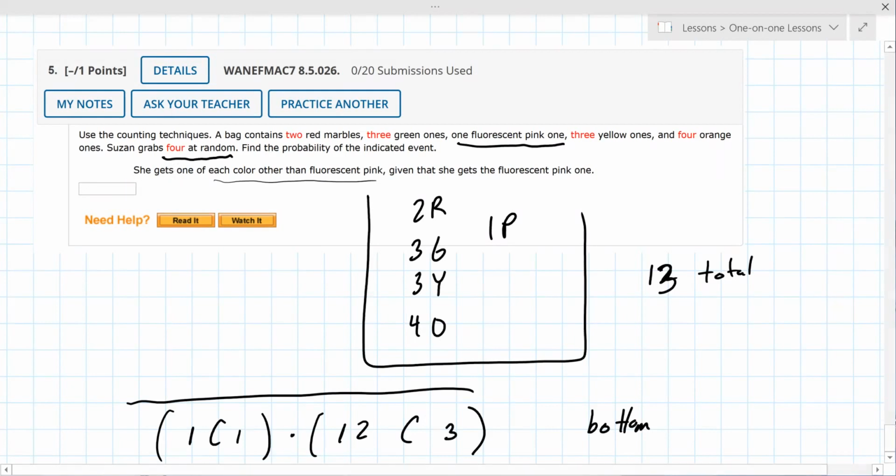This seems impossible. It seems like the answer is 0, because she's not grabbing enough. Let me practice another here and see what it says. Oh, it's not available. I'm going to try 0 and see if that works. It is correct.